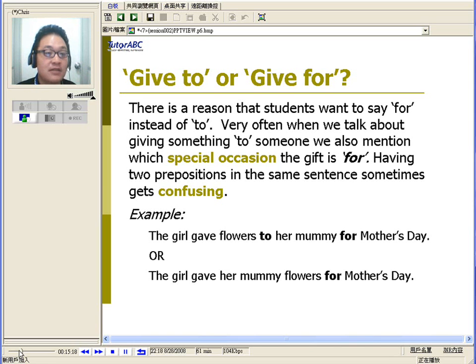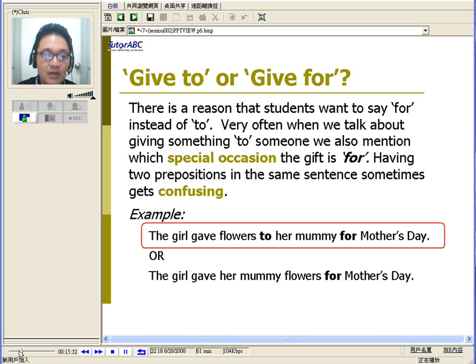Now first, let's explain why many people in Taiwan might accidentally make this mistake. You see, we do use the word for when it comes to special occasions. For example, the girl gave flowers to her mommy for Mother's Day. Let me give you a little hint on for.